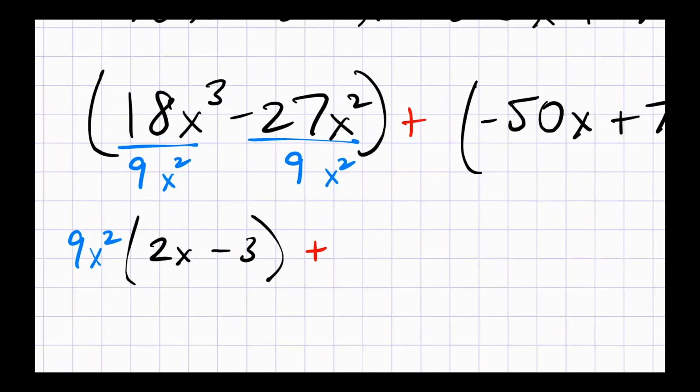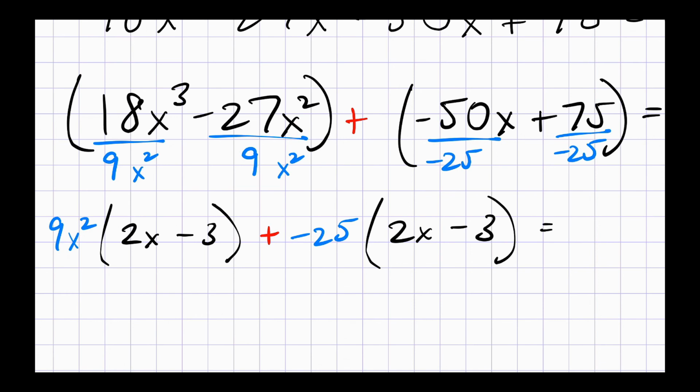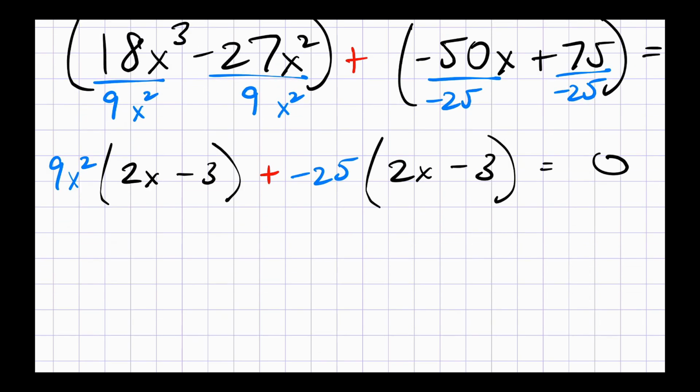Now look at the second group. What do I have to divide by to get a 2x minus 3? There you go, negative 25. That's going to be over here. 2x minus 3. What do they got in common? Leftovers.